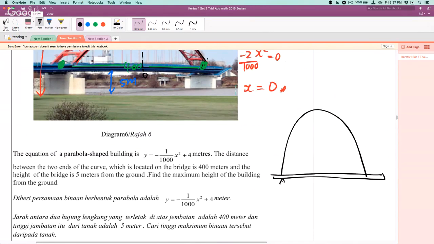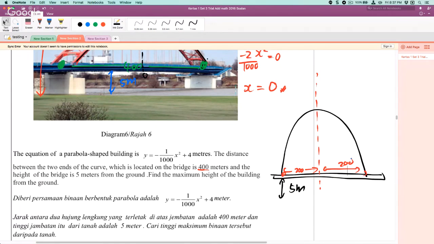Then we have the ground, and from the ground it is 5 meters over here. And we know the distance from here to here is 400 because it's given from two corners. Since this is a parabola graph, I know here should be 200 and here another 200, because a parabola graph is always symmetrical.